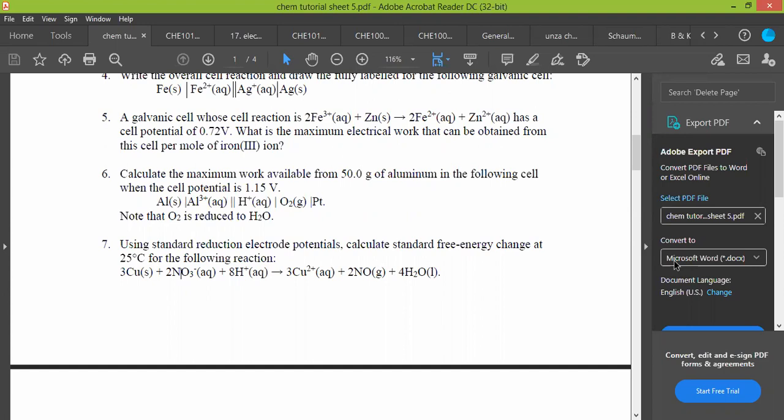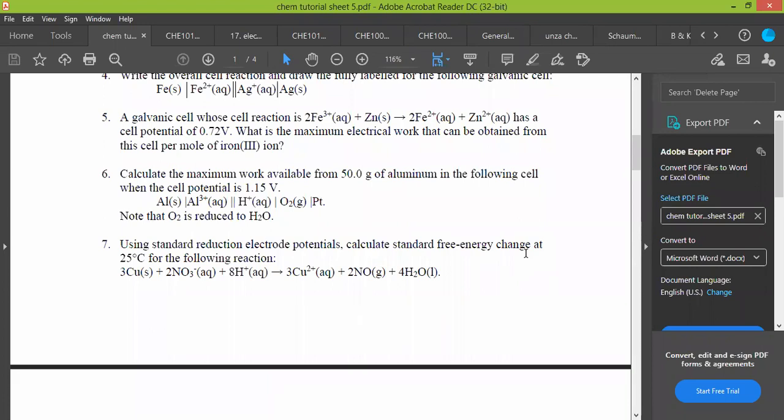From here, like I said, they will give you the electrode potential for the other half-cell. So for the one below, the nitrate reduction, we make an assumption that the electrode potential is 0.84.